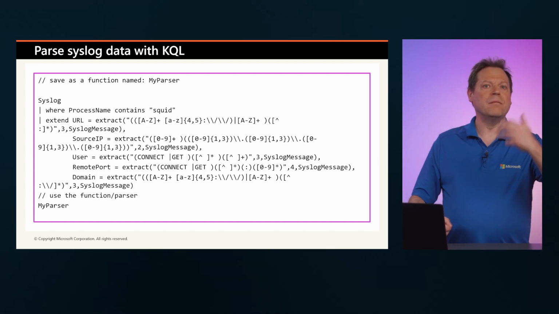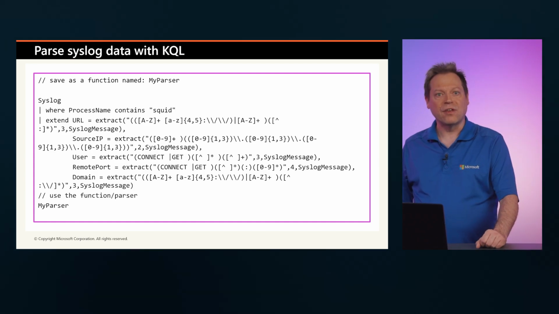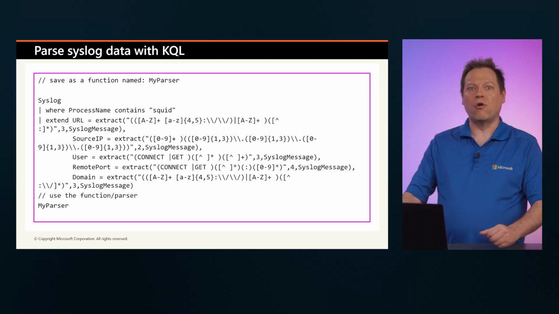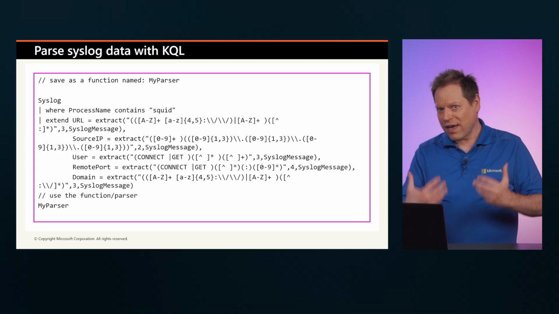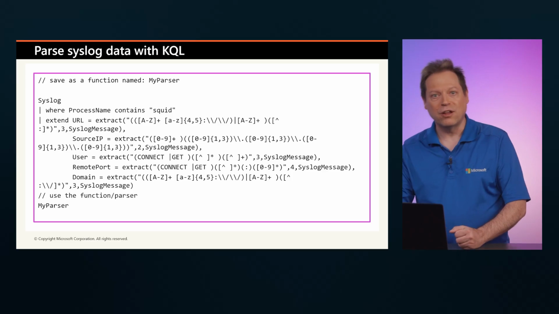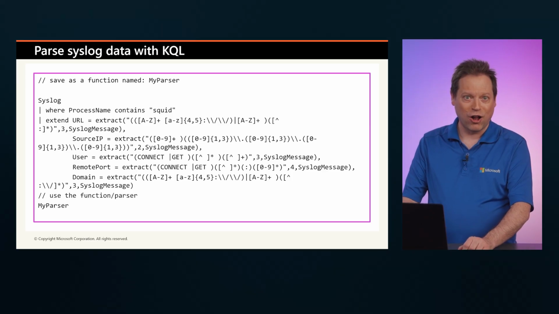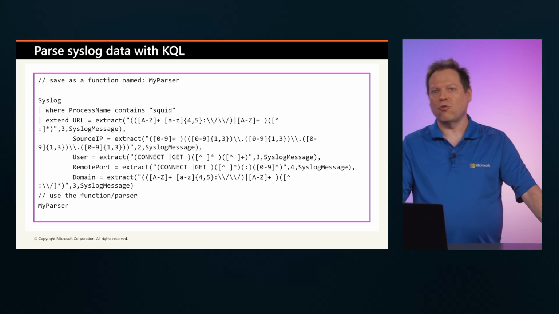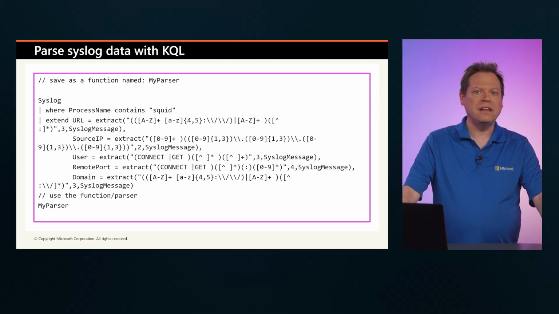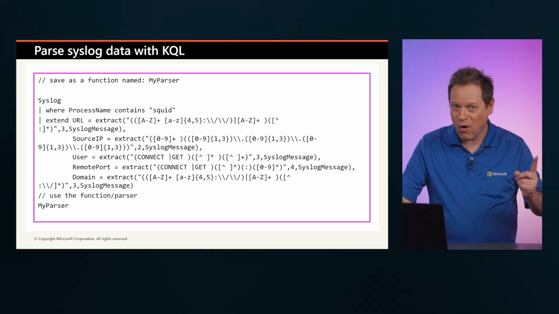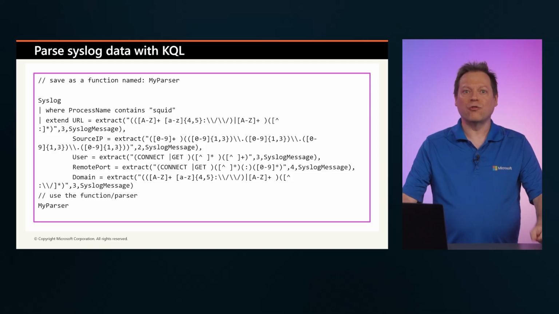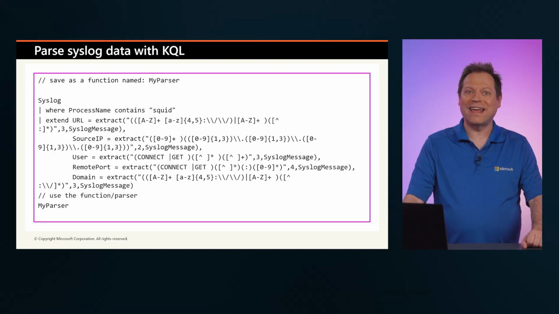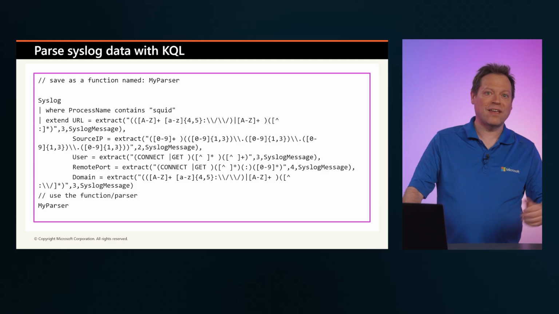URL, source IP address, username, remote port, and domains are extracted and made available as individual columns. By saving this query as a function, you only need to write the parsing logic once. After that, you can refer to myParser just like any other table in Sentinel.